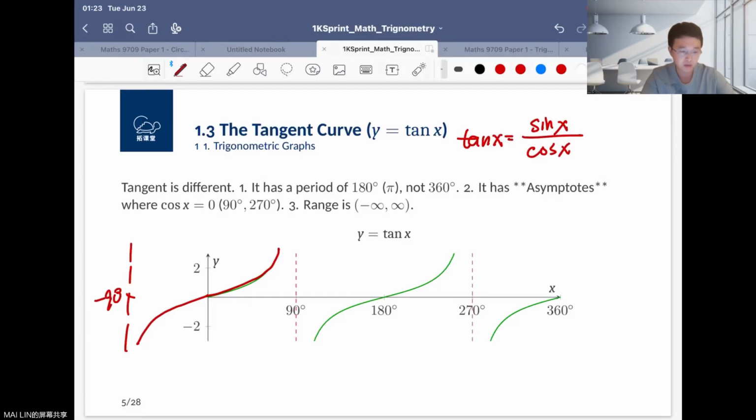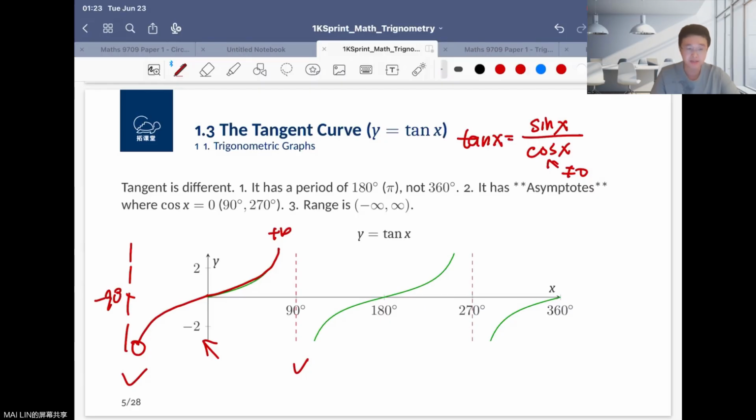So cos x cannot equal 0, so it cannot take negative 90 or positive 90 degrees. The domain here is from negative 90 to positive 90, and the range is from negative infinity to positive infinity, okay? So we can call it the range.